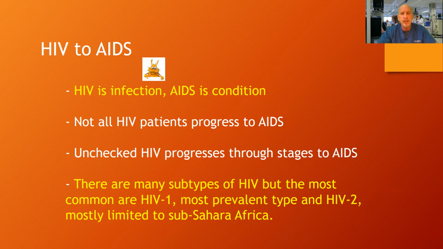There is a second type that has emerged from sub-Saharan Africa, HIV-2, which I believe has a shorter latent period, so you develop AIDS quicker. But that one is pretty much prevalent only in sub-Saharan Africa. So the predominant one you will deal with here in the United States will be HIV-1.